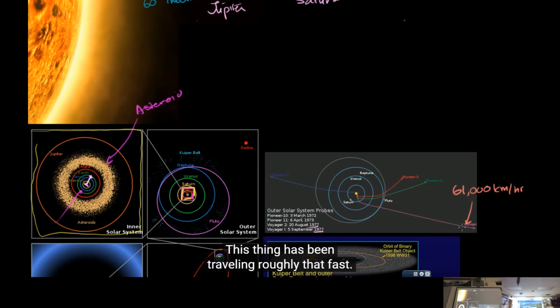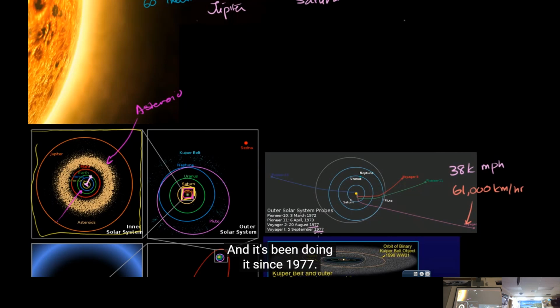It's been going around planets and gaining acceleration as it went around orbits. But for most of the time, it's been going at a pretty fast speed. And just to translate it for people who don't relate to kilometers, that's about 38,000 miles per hour. So this huge, unfathomably fast speed.